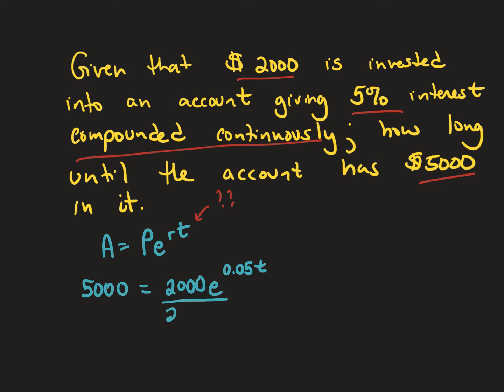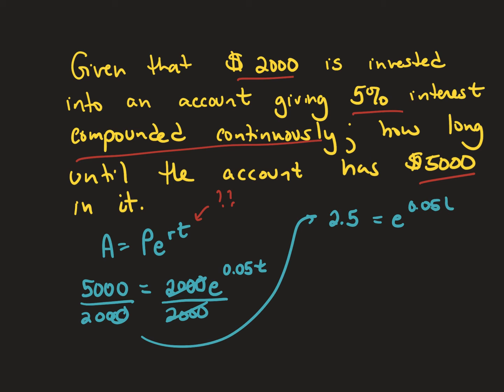So I'm going to divide by the number in front. So in this case, that is 2,000. So that is going to yield 5,000 divided by 2,000 is 2.5. I'm just putting that in the calculator. So 2.5 equals E to the 0.05t.